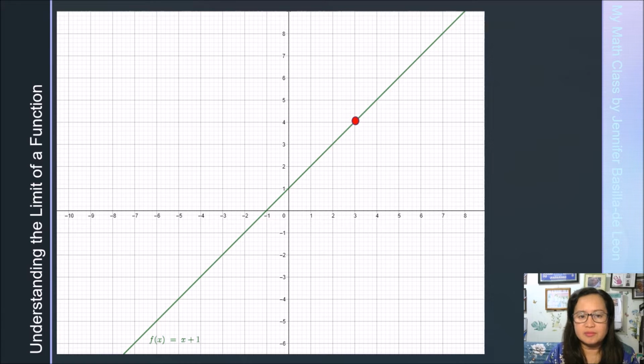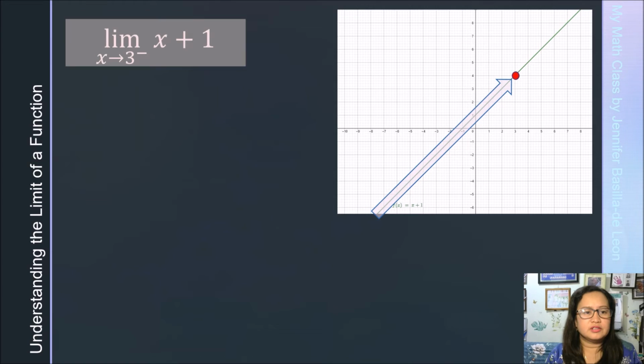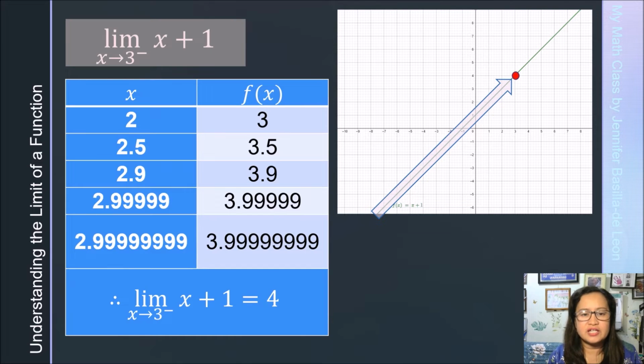This time, let us make a table of values of the limit of x plus 1 as x approaches 3 from the left. Let's say we consider x equals 2. We are going to replace x by the value of 2. In that case, the function will have a value of 3.